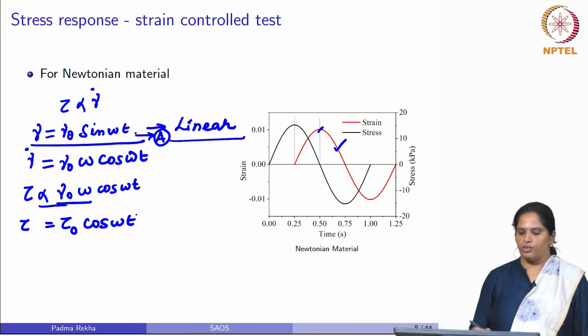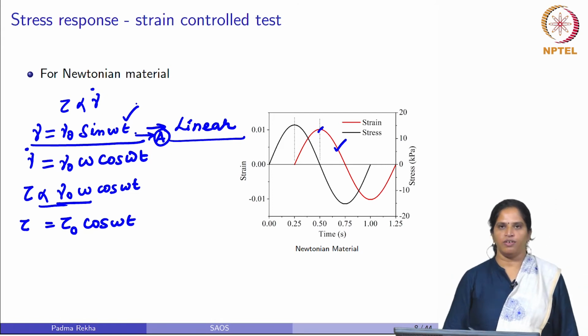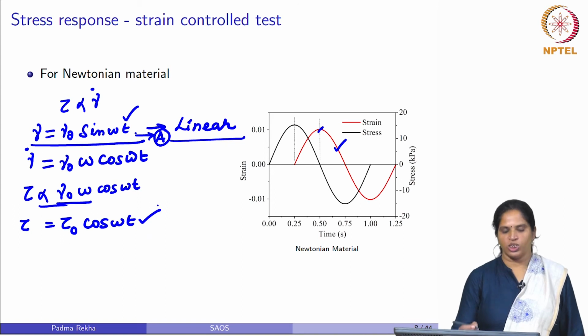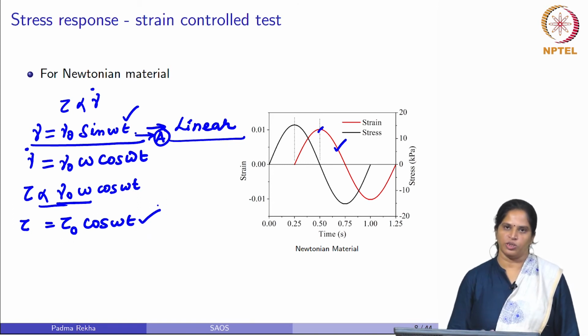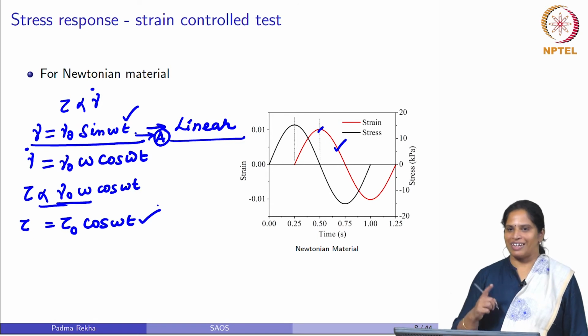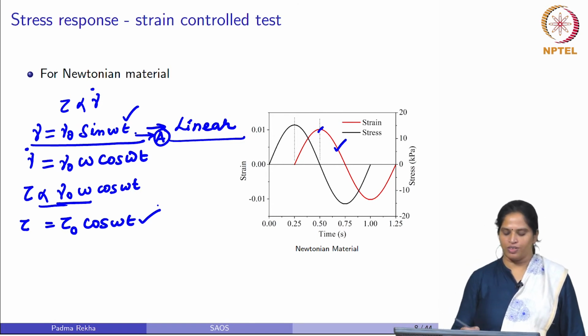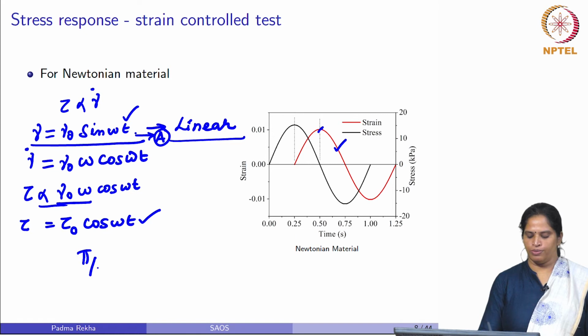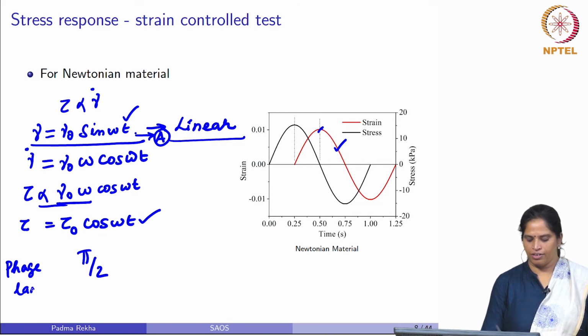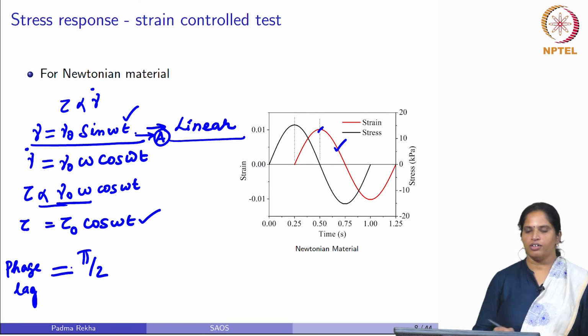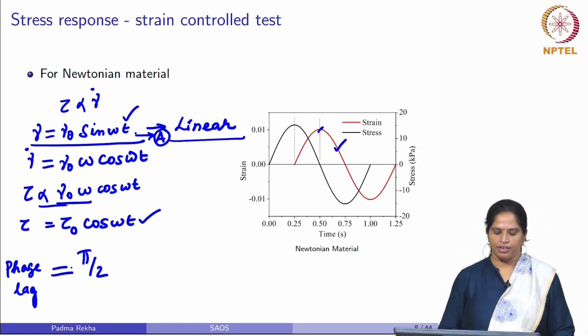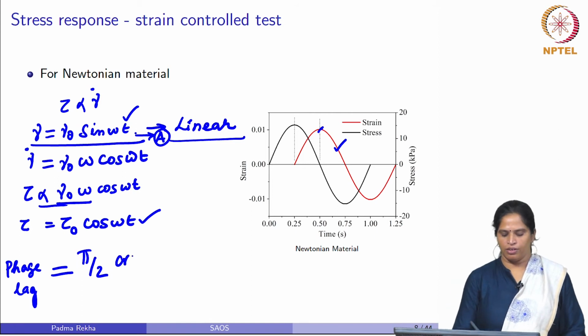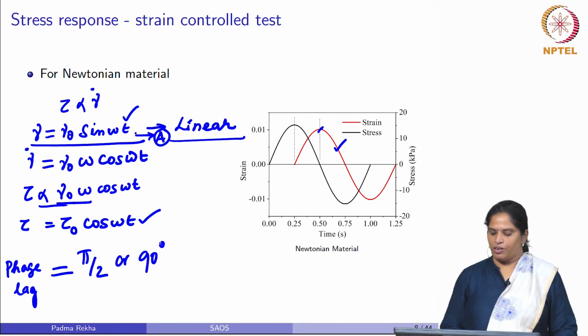So, our control function is strain, which is a sine function, and the response function is stress, which is a cos function. We know that the time lag between a sine function and a cos function is pi by 2, or 90 degrees, and we call this a phase lag or phase angle. The phase angle for a purely viscous material is pi by 2 or 90 degrees.